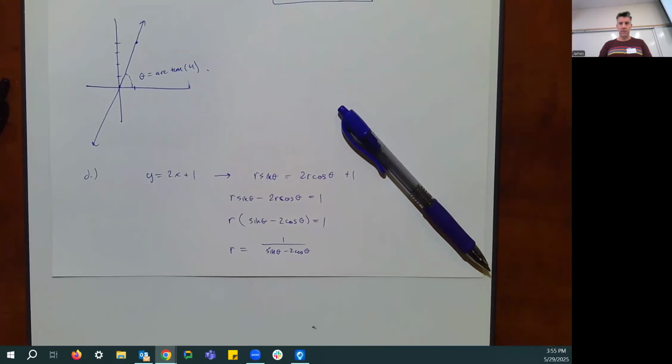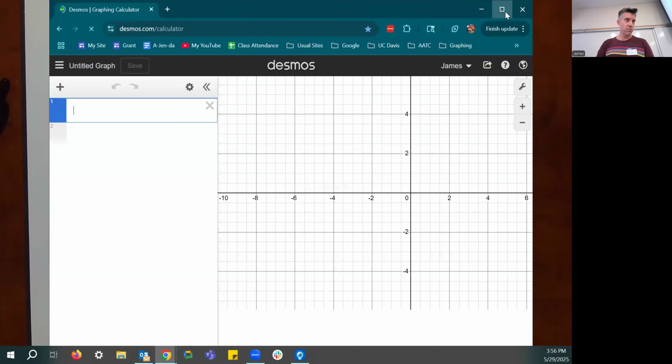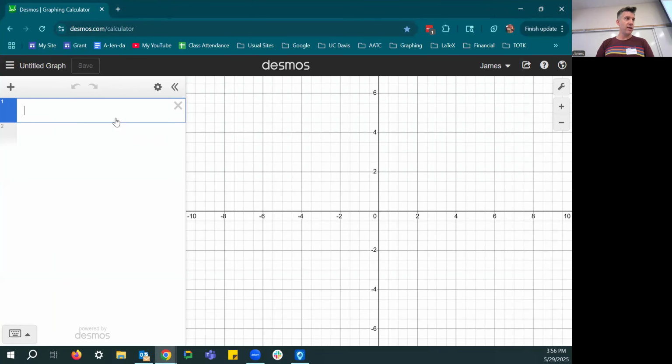Now, fun fact, relatively new fact, Desmos will graph polar things as well. It didn't always used to be true, but it is. So let's try. We have r equal to 1 divided by, oh look, there's r equals 1, just a circle.